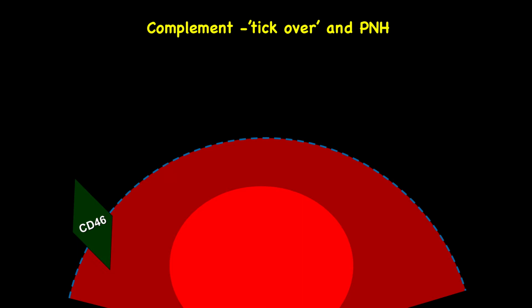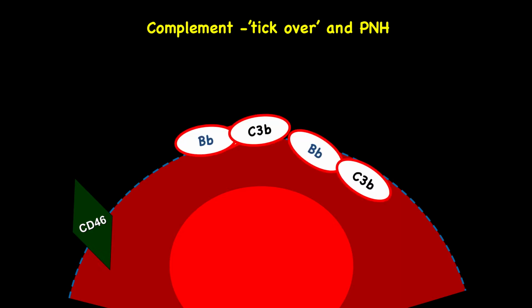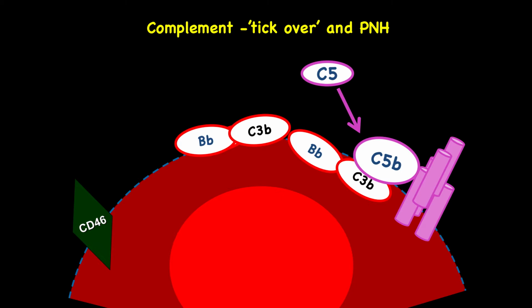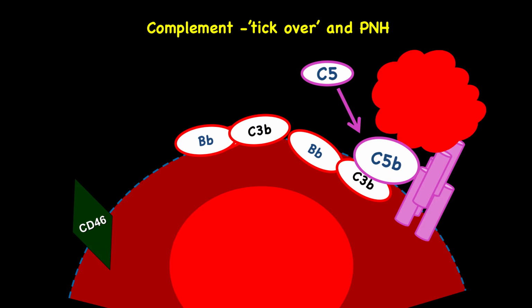Instead of CD59 and CD55 cleaving it, this gets deposited, it generates C5, which then deposits C5b. Remember, C5 is also going to get clipped to C5a, and we'll return to that in a second. And you get a membrane attack complex, and you rupture the red blood cell. Now, this happens mostly at night because acidosis favors this. Respiratory acidosis favors this reaction.